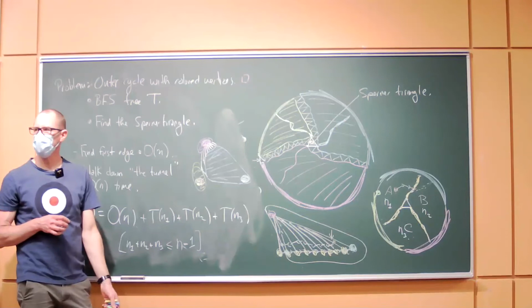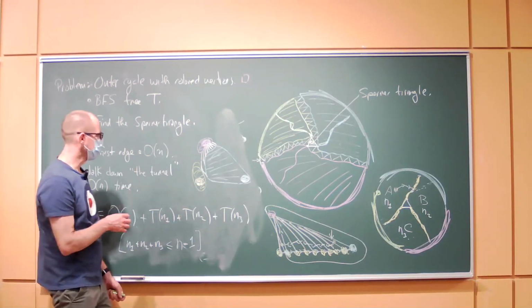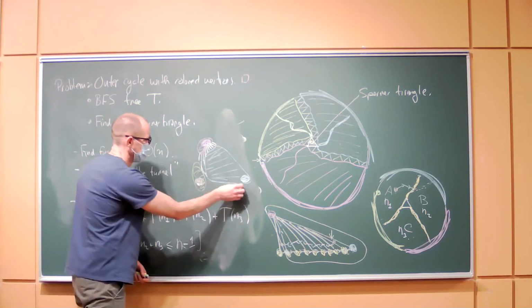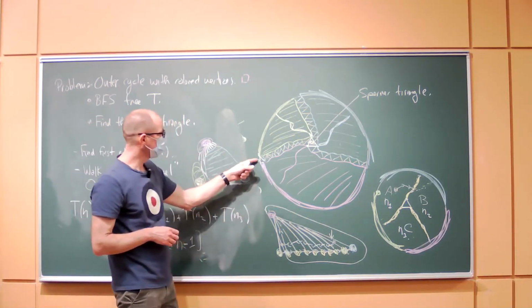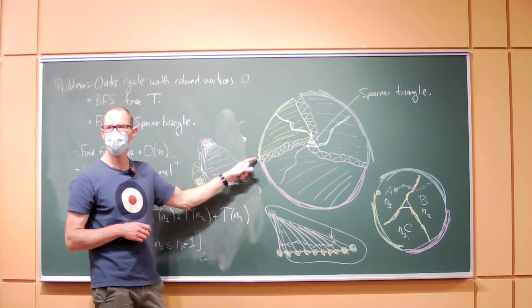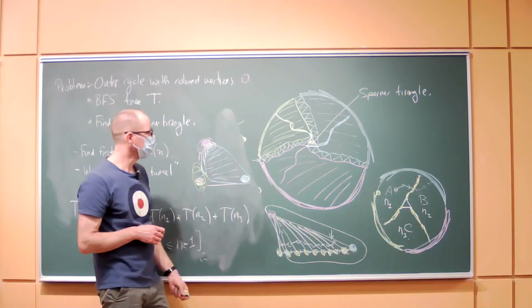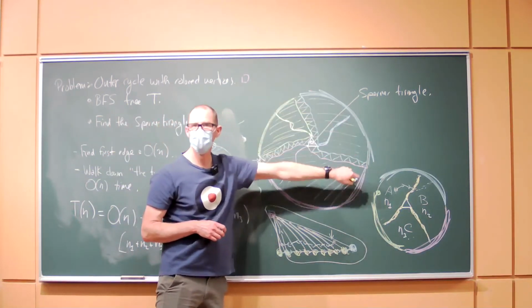Is there a better way to get there? Is there a faster way to get there? Like in this picture, I started here. Any reason? No, I could have done the same thing from here, and I could have done the same thing from here. Okay.